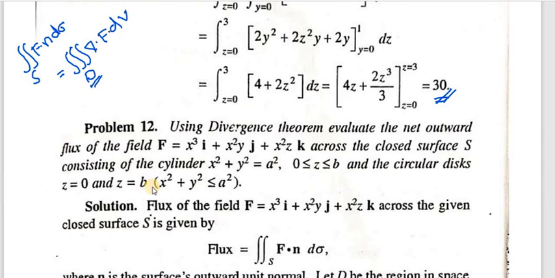Here D is the region enclosed by the surface S.